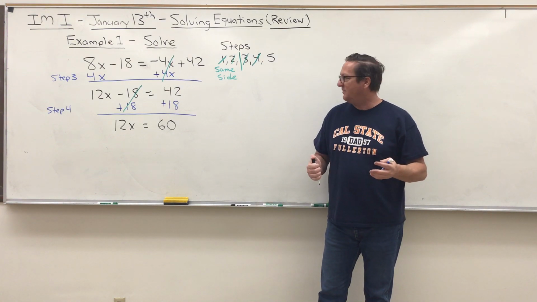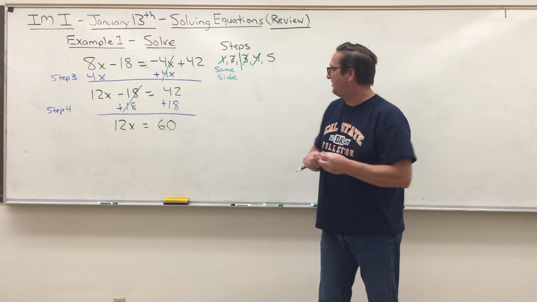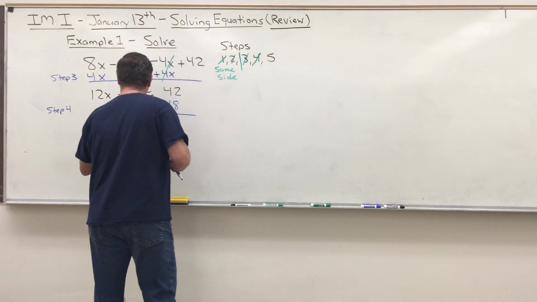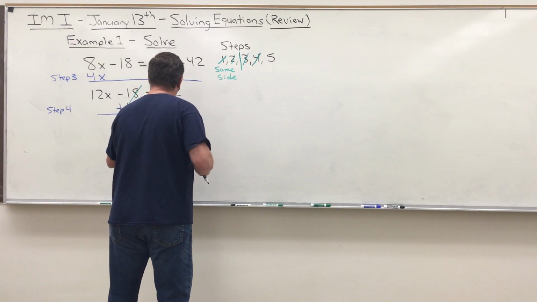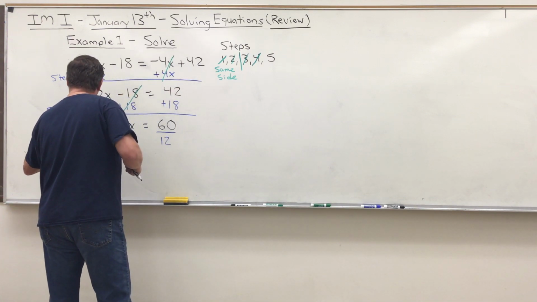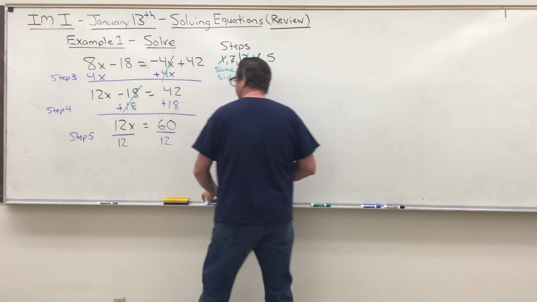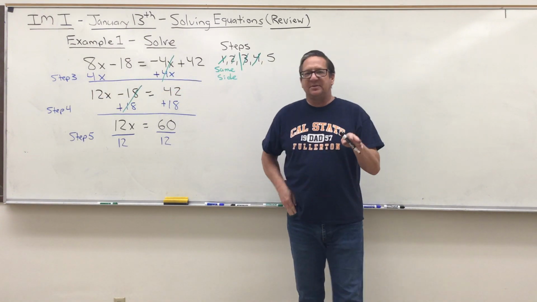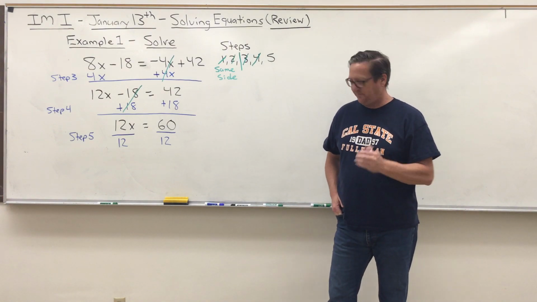And then step 5 is multiply or divide by the exact same number that is with the variable. Not opposites, right? The exact same number. That is what step 5 is.